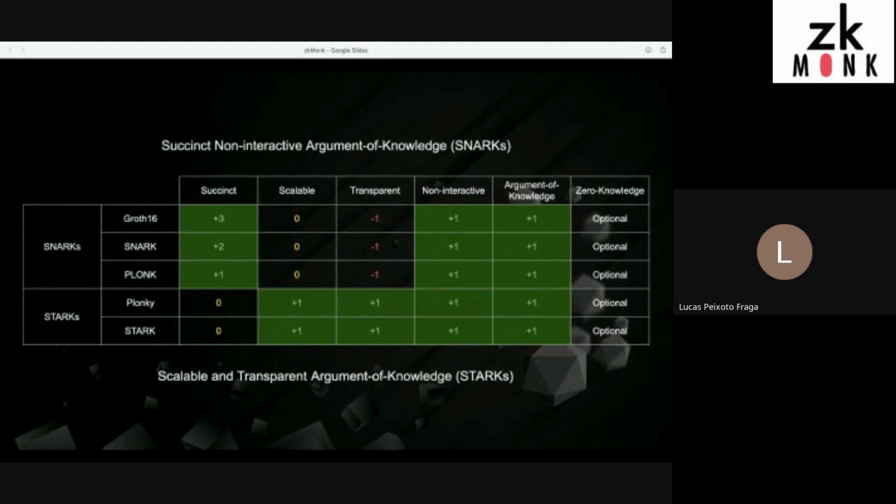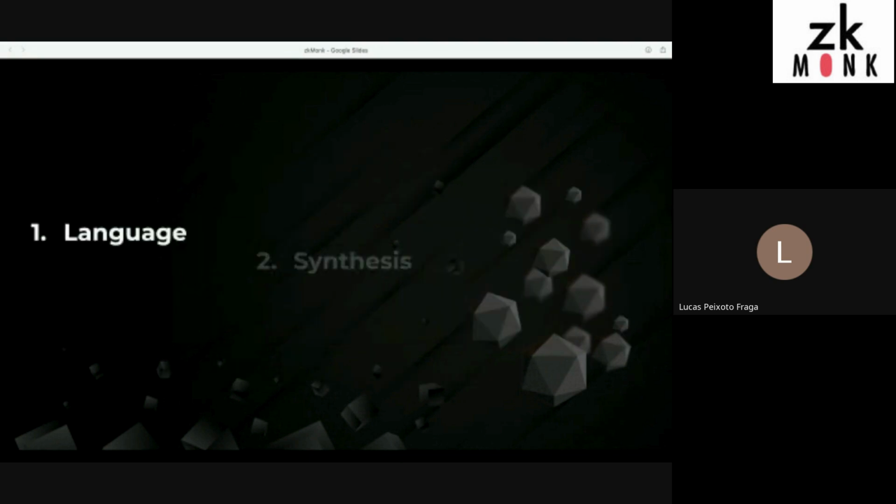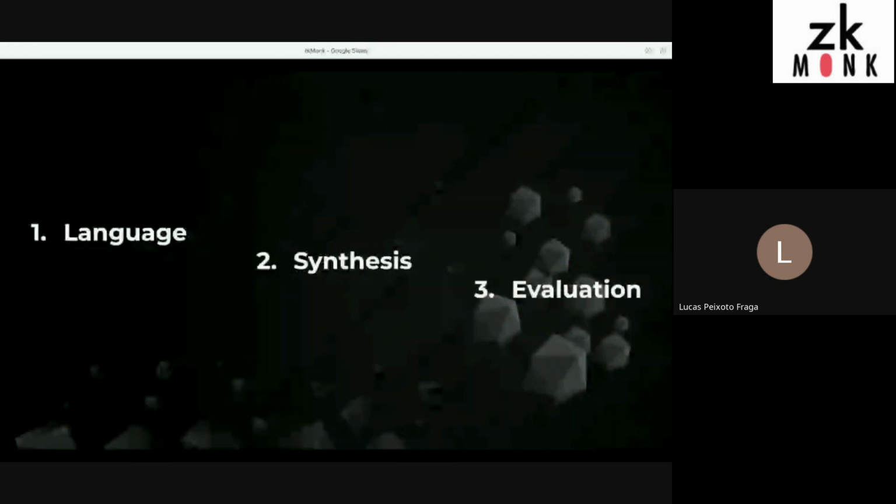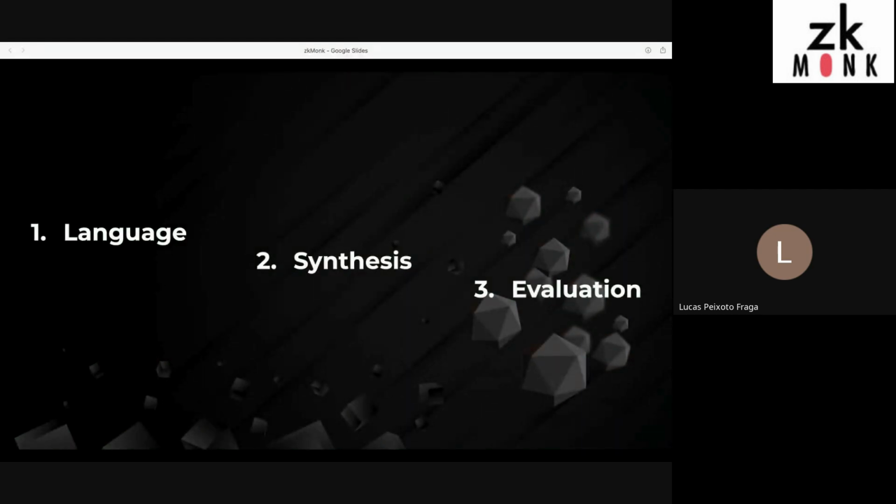Here is how I will explain these proof systems. I'll describe the language they use to describe the problems that we want to prove, how they synthesize this language to mathematical objects that can be verified, and how they evaluate these objects, how they verify that these objects correspond to the original problem and to a solution to that problem.